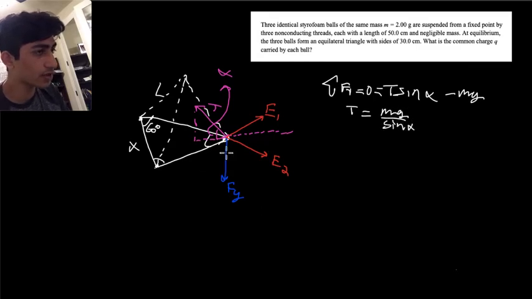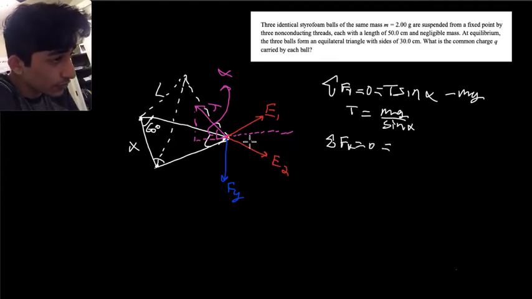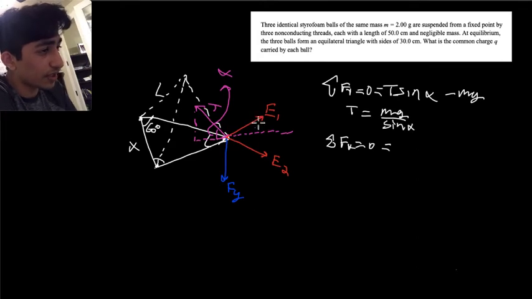Now let's look in the x direction. Of course we know that this must also equal 0 because it's at equilibrium. So what is going in the positive x direction? We see that these two forces both have x components, right?